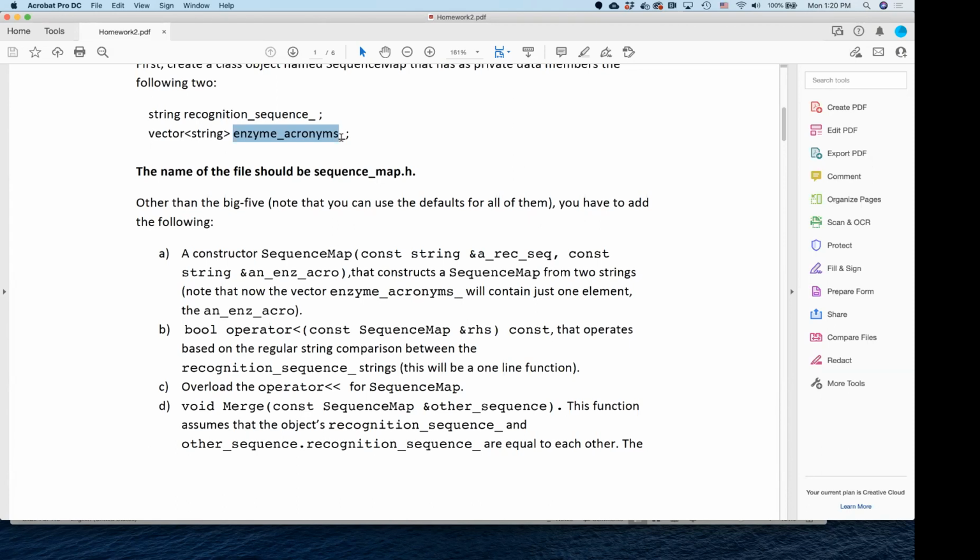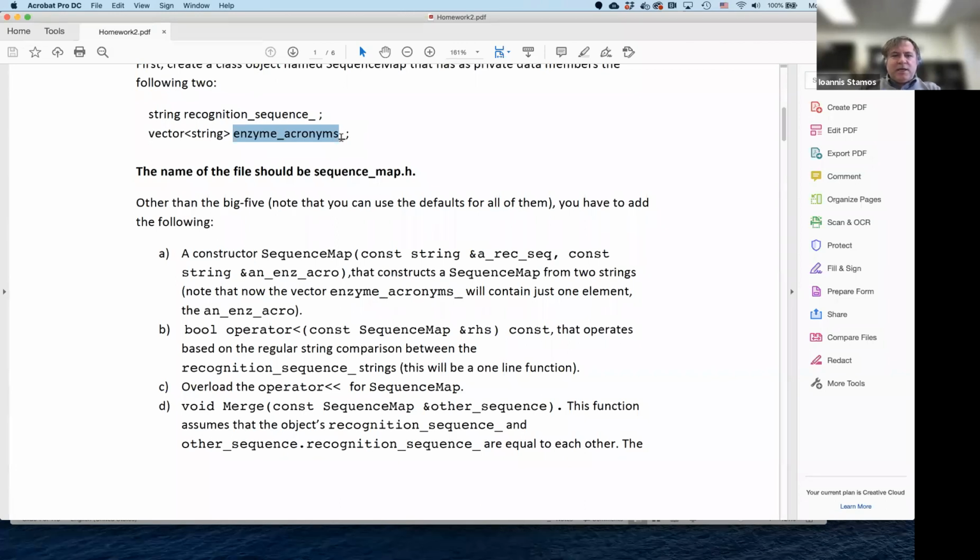Can I ask a question? So for the constructor for sequence map, I know that you have 2 constant strings that you have to put as parameters. For the constructor, wouldn't you just add those 2 strings to the enzyme acronyms? No, the first one, the recognition sequence, goes to recognition sequence, and the string enz_acro goes to enzyme acronyms.